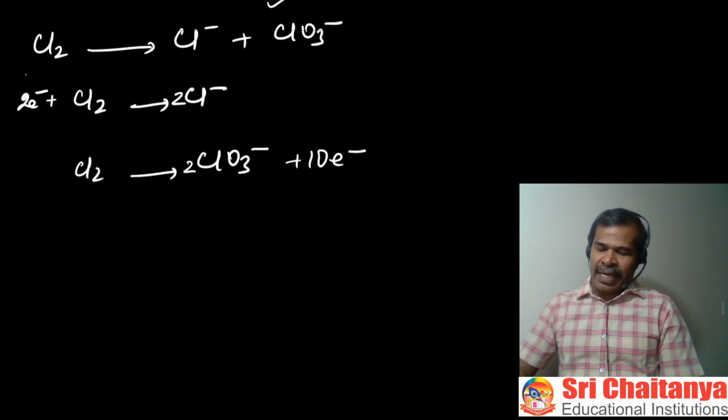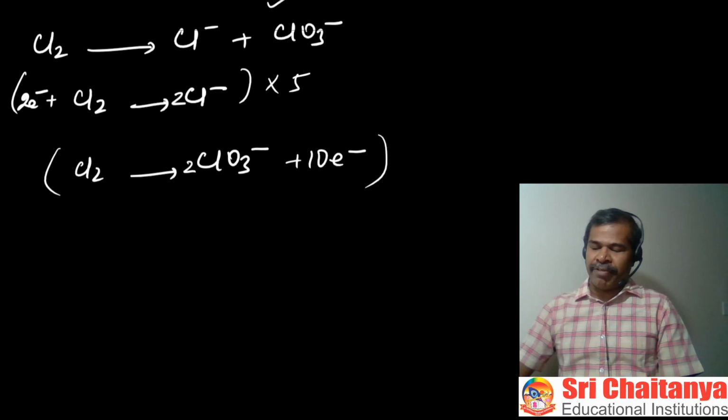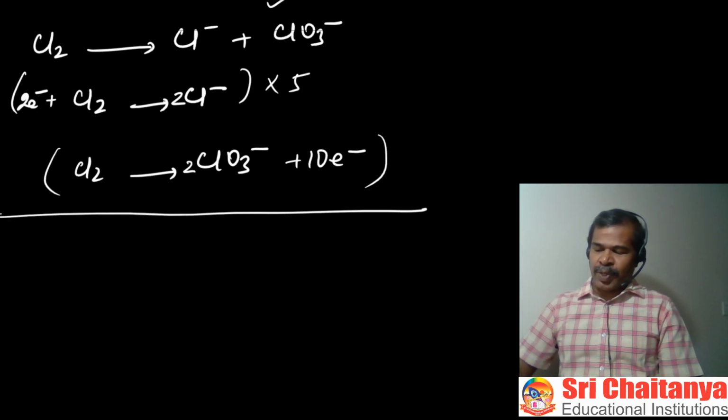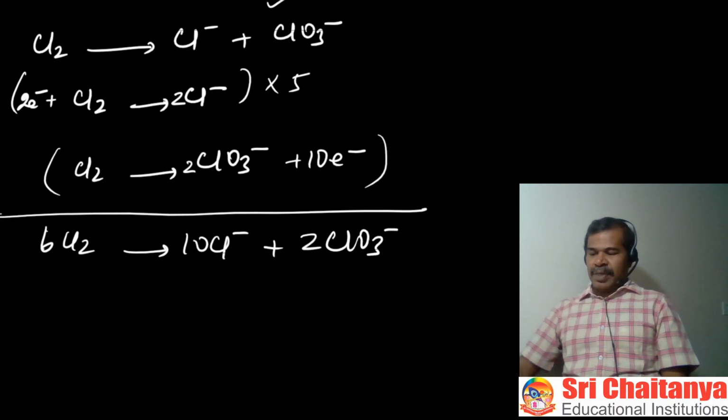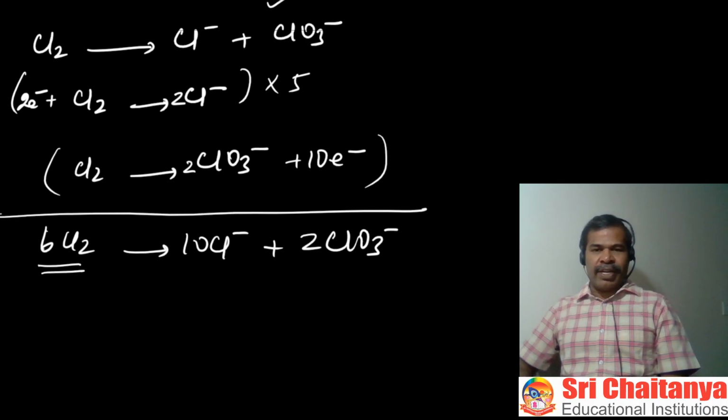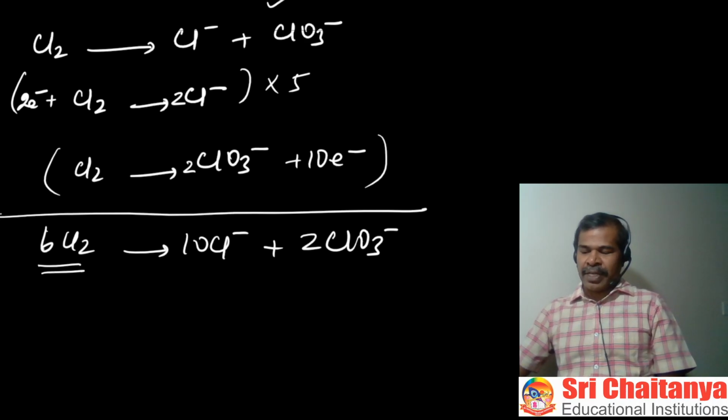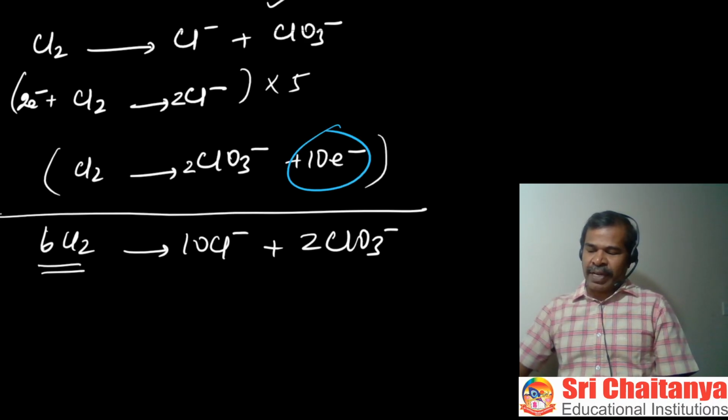Now balance the electrons in the oxidation half and the reduction half. Multiply by 5, so 10 electrons, 10 electrons. We get 5 plus 1, that is 6 chlorines, giving 5 into 2, 10 chlorides, plus 2 ClO3- ions. So there are 6 moles of chlorine involved, and 10 moles of electrons involved.